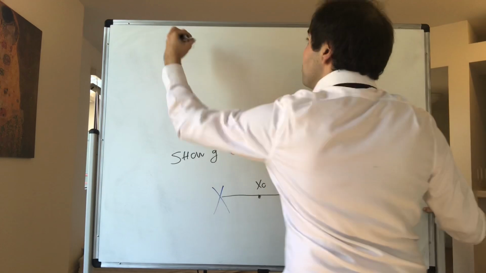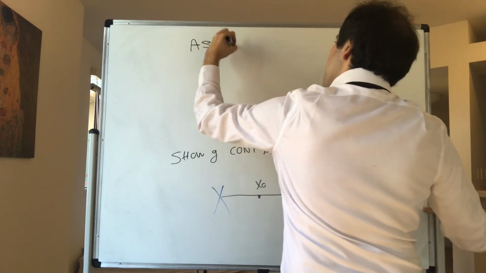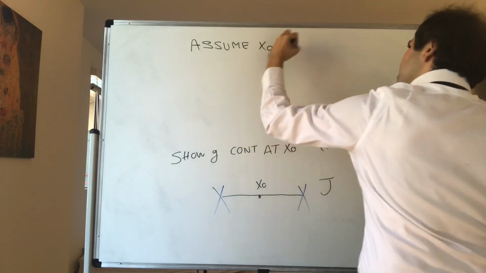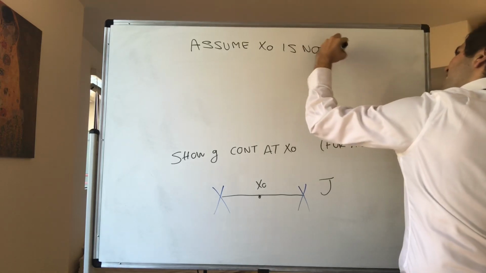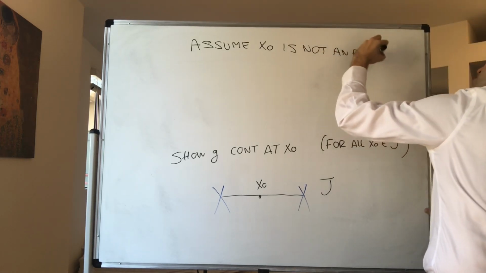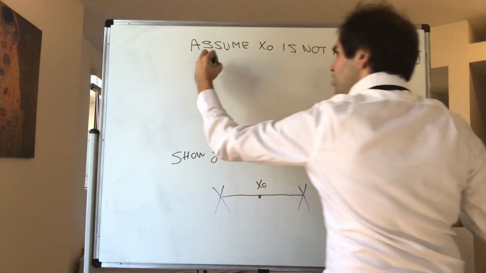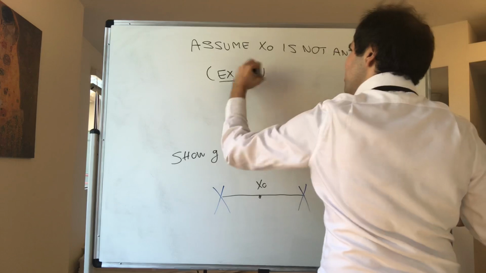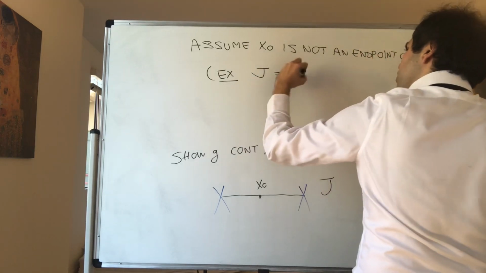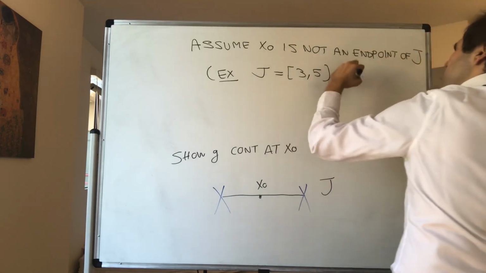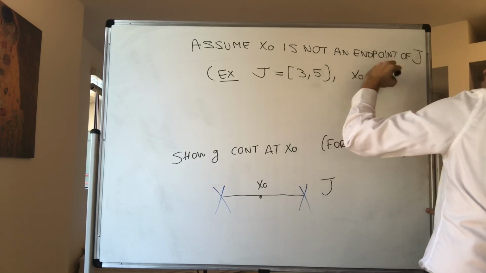So assume x naught is not an endpoint of J. What do I mean by that? Let's say for instance J is the interval 3, 5; assume x naught is neither 3 nor 5.